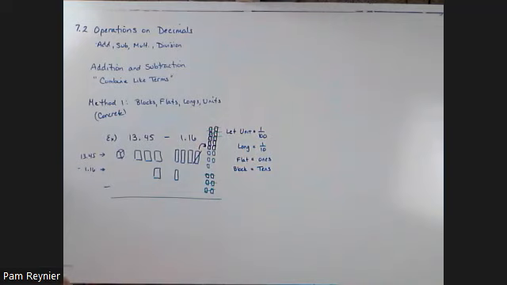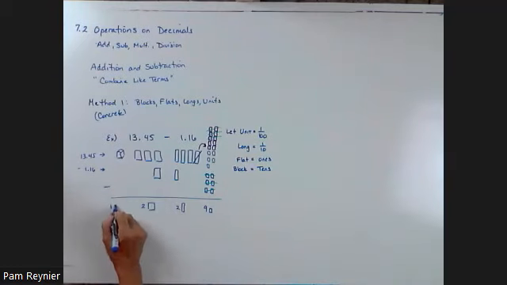And by doing that, I now have a total of 2, 4, 6, 8, 9. I'm just going to write 9 of these. 9 units. 1, 2, 3 longs are left. Subtract 2, so I have 2 longs. 3 flats, subtract 1. I have 2 flats. 1, subtract nothing.